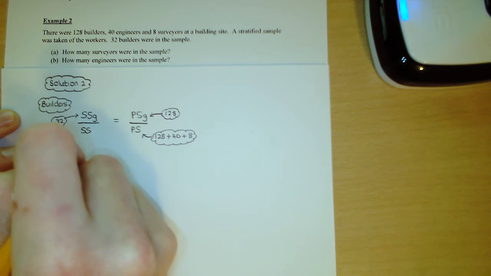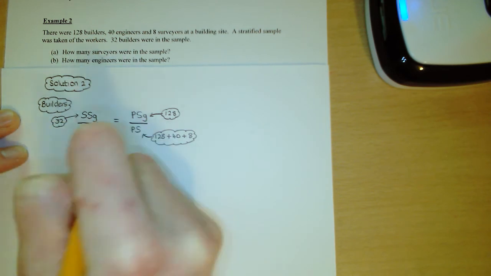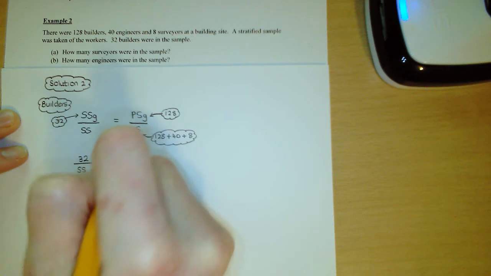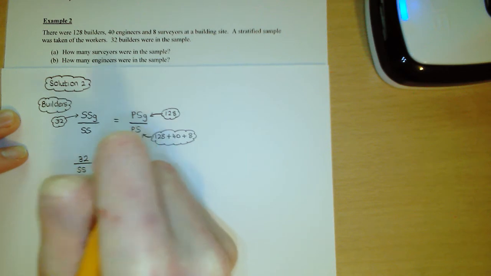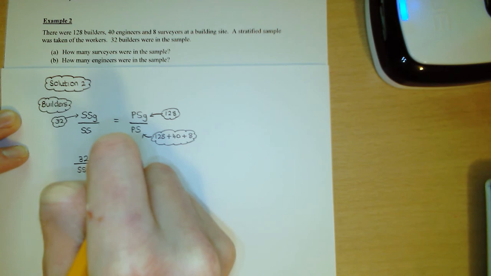So we have 32 over the overall sample size, and that's equal to 128 all divided by the total population size. That's 128 plus 40 plus 8, and that's going to give us 176.